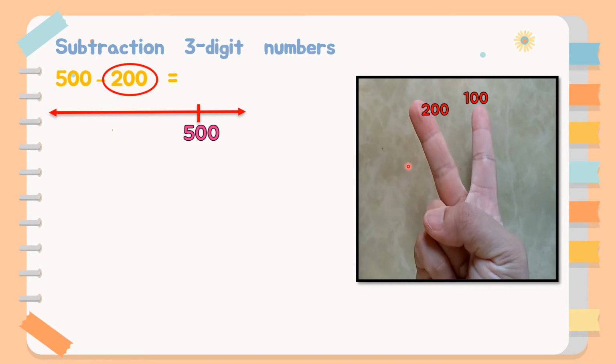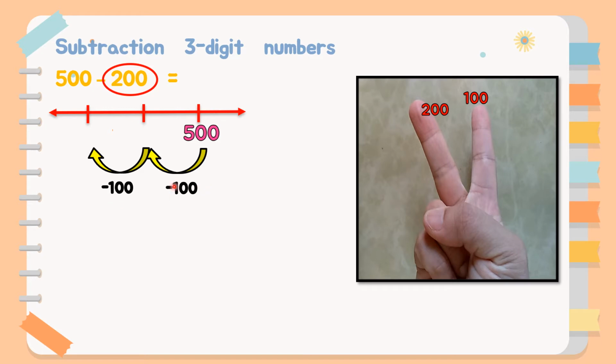Okay, look at this video. 100, 200. So we will subtract 2 times. Every step we will subtract 100, 100, or count back in hundreds. Minus 100, minus 100.